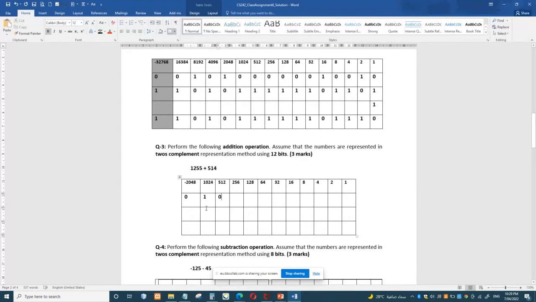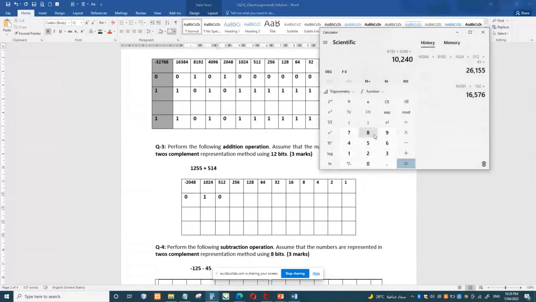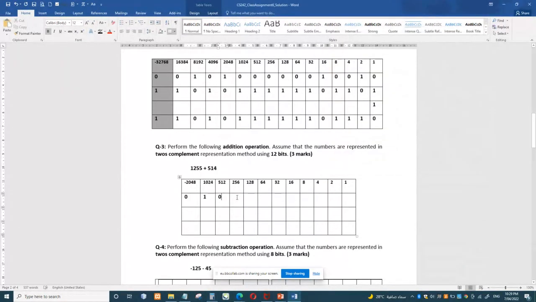We cannot take 256 because if we take 256, it is 1024 plus 256, which is 1280, but our number is 1255, so we cannot take 256 as well.